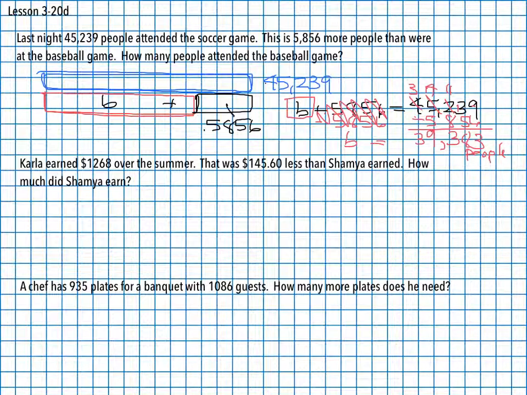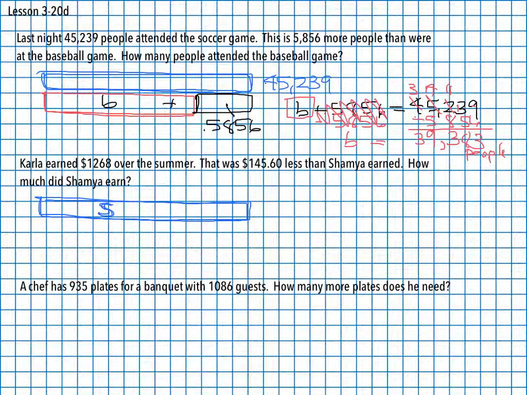We have to talk about this problem. We have Carla earning $1,268 over the summer. That was $145.60 less than what Shemaiah earned. So what we have to do is start with Shemaiah. And this is what Shemaiah earned. We're going to put an S for that because we don't know what Shemaiah earned.